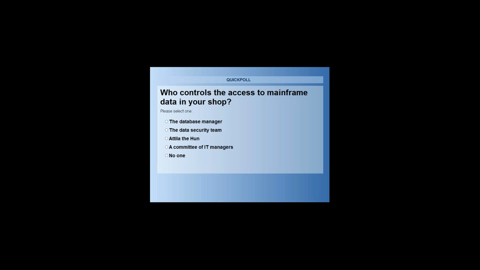By the way, there's one answer on here that I hope we don't get a response to, but you never know. Actually, we do have some Attila the Huns, yes. So the data security team.